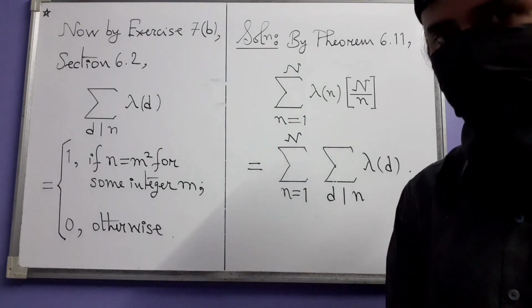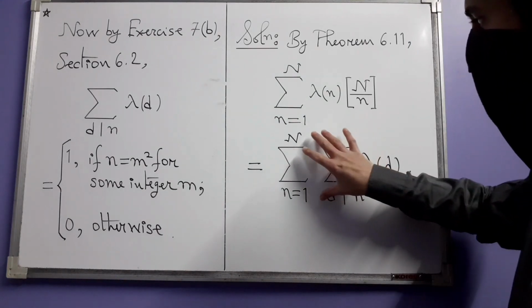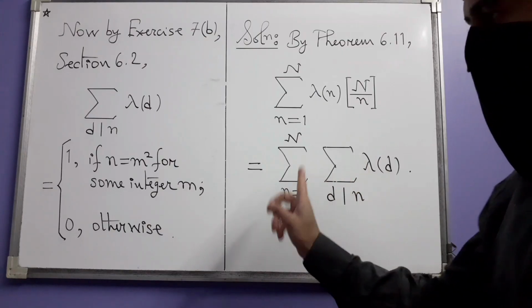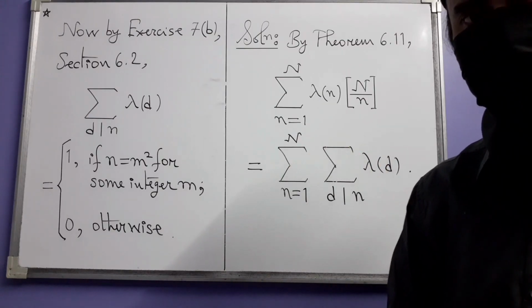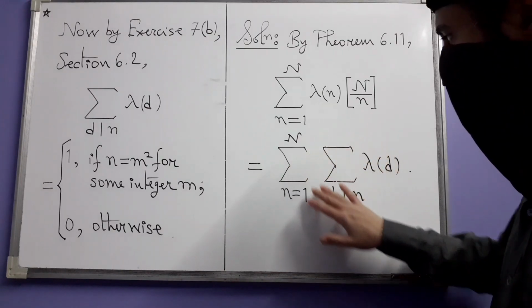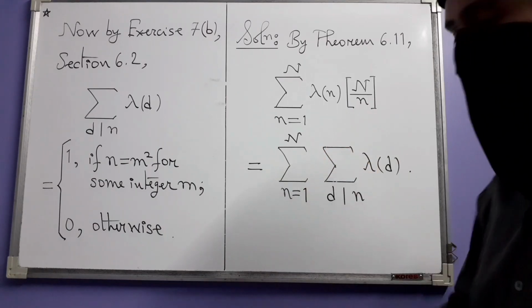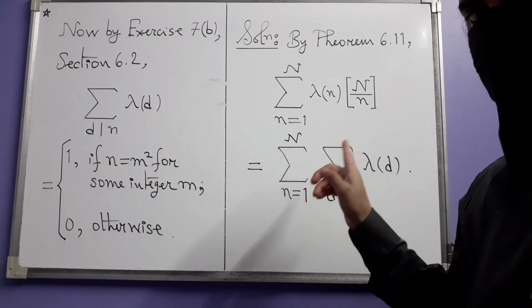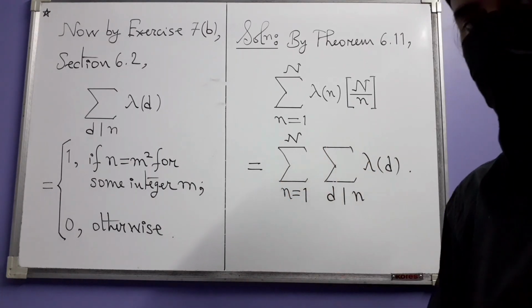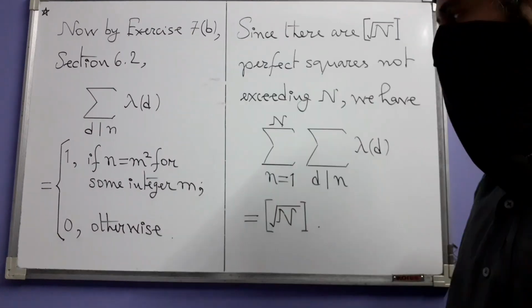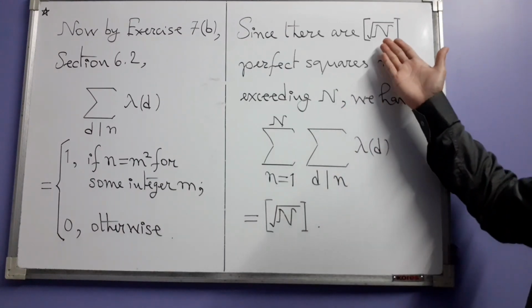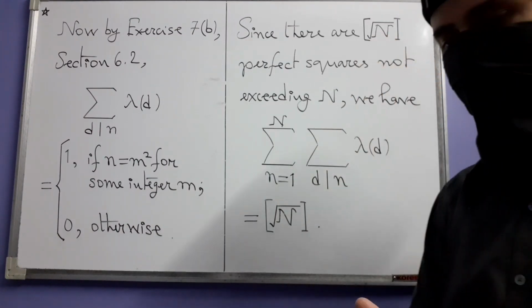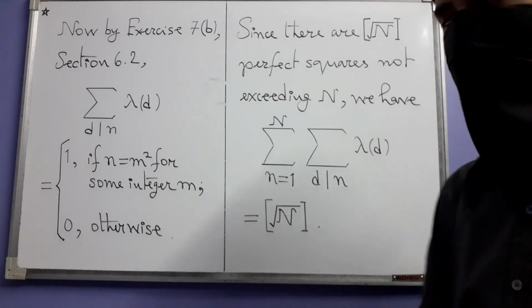So what does that mean? It means that here sometimes it is 1 and sometimes it is 0, and because this is the general term in a sum, we just need to now see how many ones we will get, and that number is the greatest integer value of the square root of N.